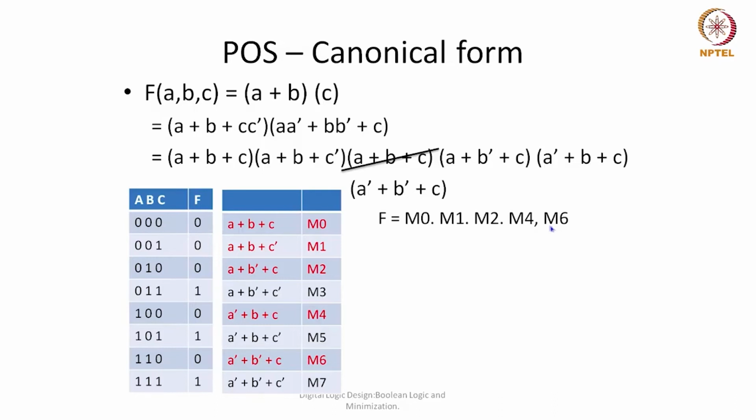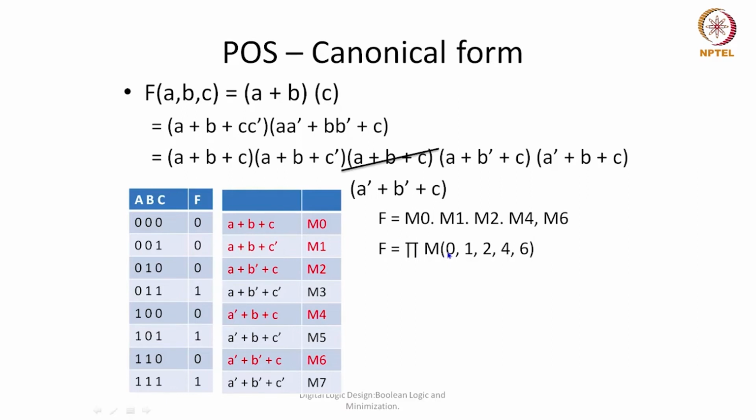So what does this mean? This means that when any of these max terms are present, then my output would be 0, else my output is going to be 1. Because it's a product term, I can write this as a product, and capital M means max term.